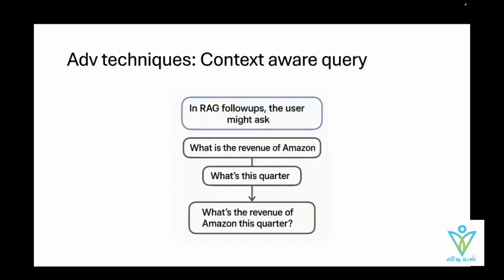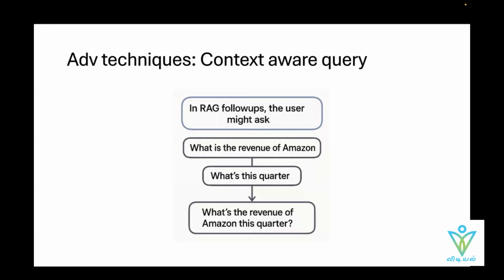Like I said, if the chunk itself has just revenue number, revenue quarter and number, and the entire document fits and is provided, maybe we can add a line that says this paragraph is talking about revenue of Amazon within the chunk itself, and then embed.